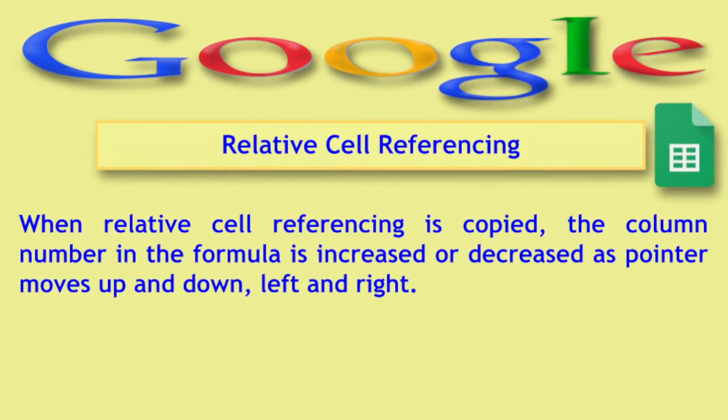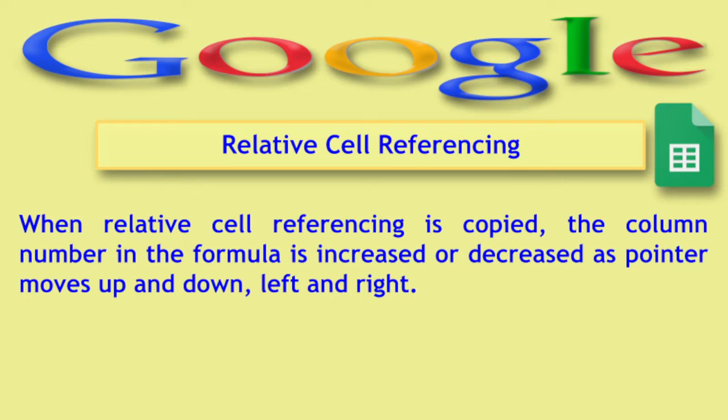In the relative reference cell formula, when you copy a formula from one cell to another, you must observe that the column name and row number are automatically changed. So as soon as you move left to right or up and down, the cell addresses are changed respectively.